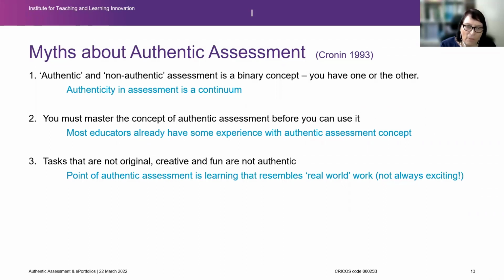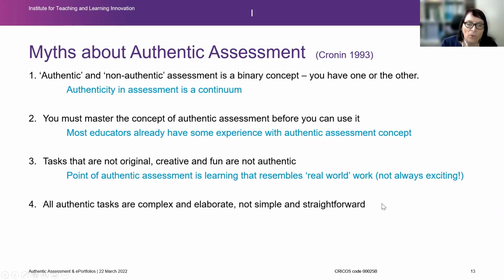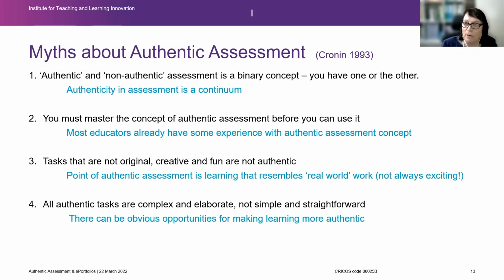And the last one, I think, is that all authentic tasks are complex and elaborate, not simple and straightforward. Well, that's not necessarily the case. Perhaps in the capstone and in an ePortfolio at the end, it might become more complex and elaborate because you've got a whole degree or a whole course's task there. But that's not a criterion for authentic assessment.